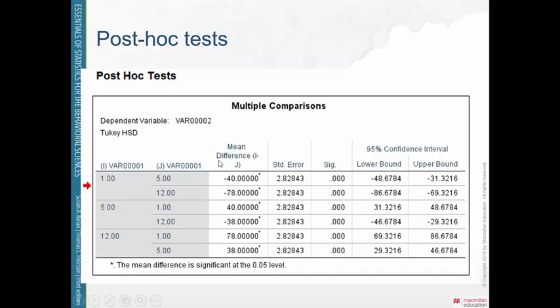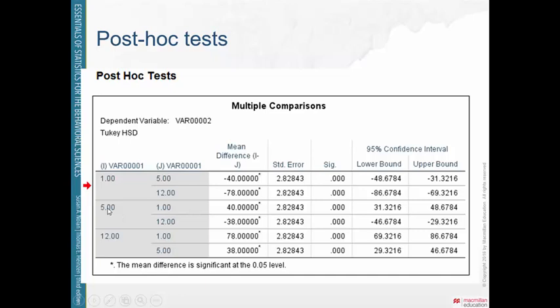What you can see is that this table is filled with redundant information because it's a computer. It does every possible comparison, so it compares 1st graders to 5th graders. And then down here it compares 5th graders to 1st graders. It's the same comparison. You can see it's just the opposite direction. So in one case it's negative 40: 1st graders scored 40 points less than 5th graders.